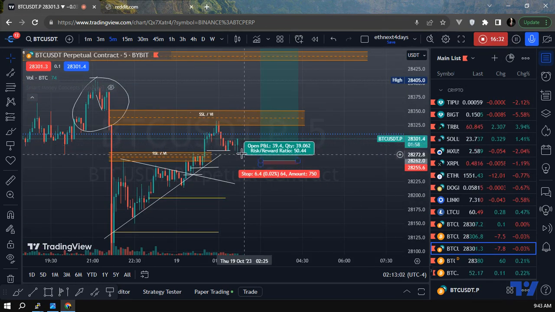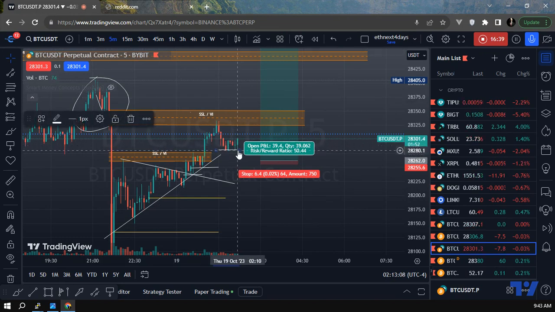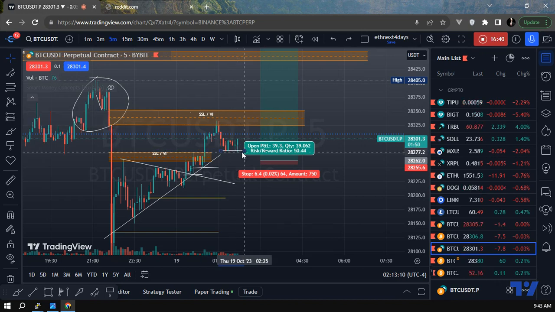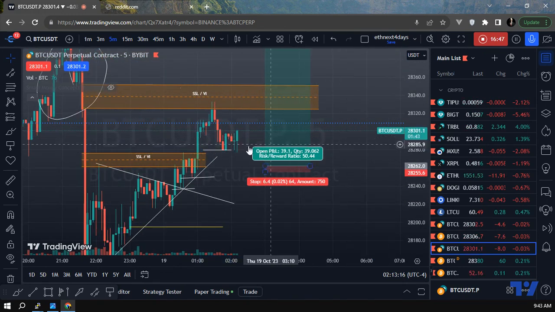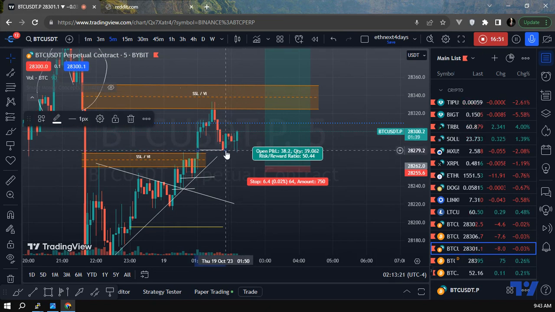Bitcoin's been showing some parabolic move on the 5-minute chart that made me think I should close it, because we've been just touching this area over and over. So it makes me think one of these touches is going to be the break. I didn't close it yet, but I'm thinking about doing it. I don't know why I cannot draw this trend line further.